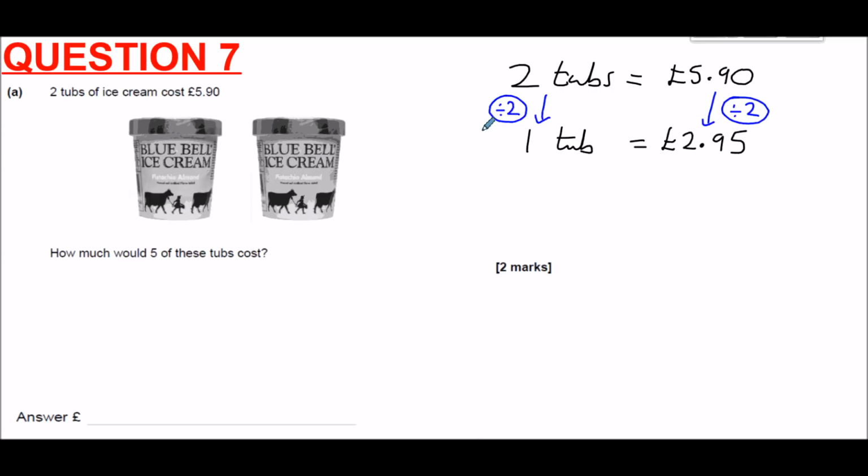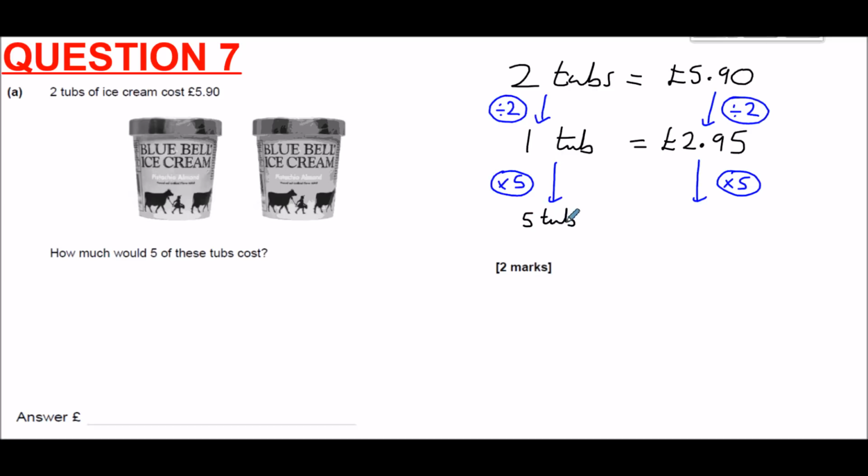Then once we know the cost of 1 tub, we can just multiply that by how many tubs we need. So what the question's asking us for now is how much 5 tubs cost. So we can just multiply the cost of 1 tub by 5. And if we do that to the number of tubs, we need to do the same to both sides. So multiply both values by 5.